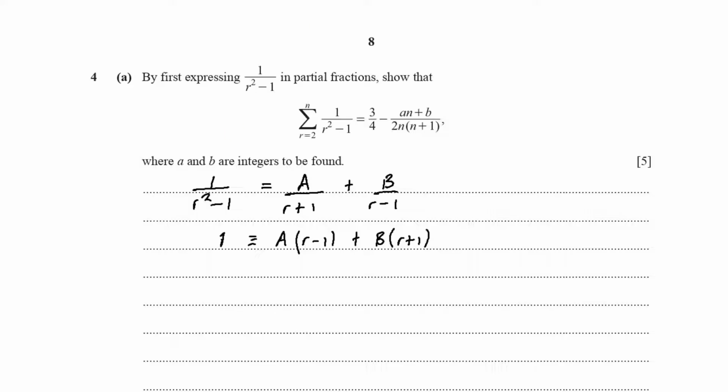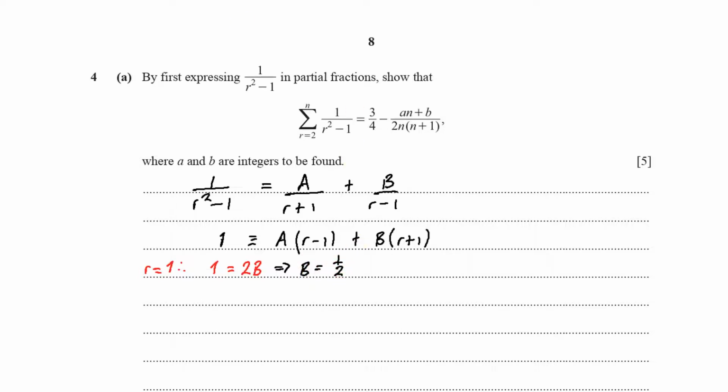So here we can say, using the cover-up method, if r is equal to 1, it therefore means that 1 will be equal to, this will be covered up and becomes 0, so 1 plus 1 is 2, so we have 2b here. And this translates to b coming out as a half.